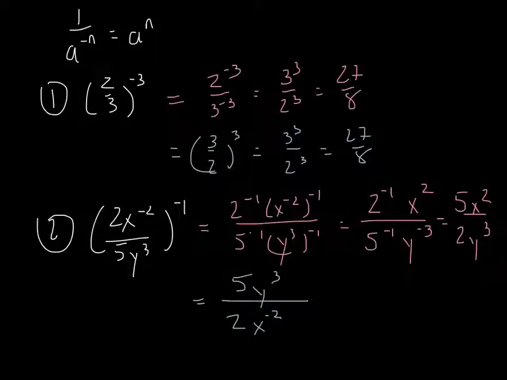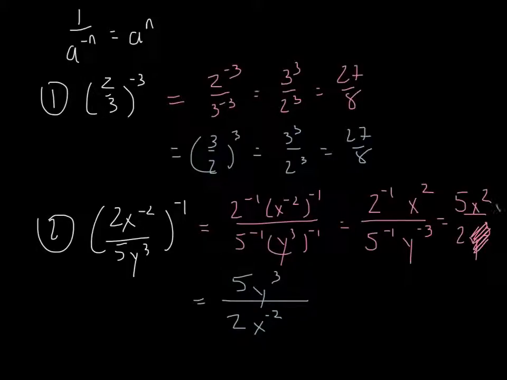I noticed a mistake I made up here. This little piece is negative 3. Okay, so that part doesn't go in the denominator. This little stuff right here, that goes away, so that's really not here.